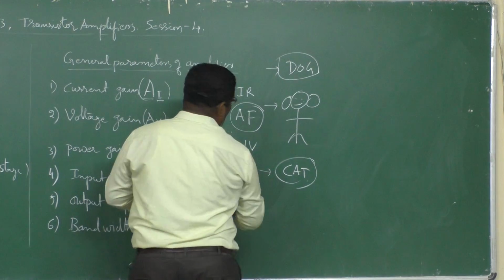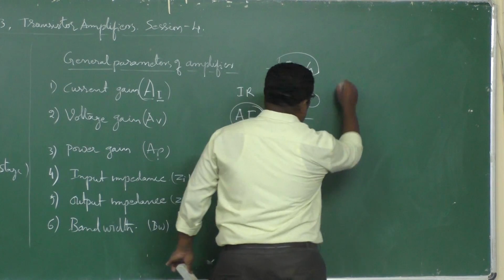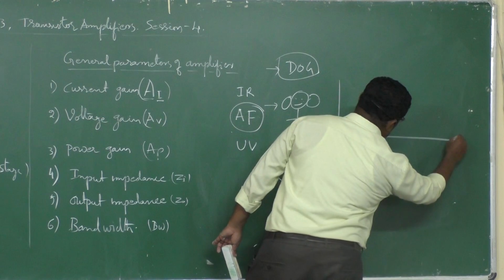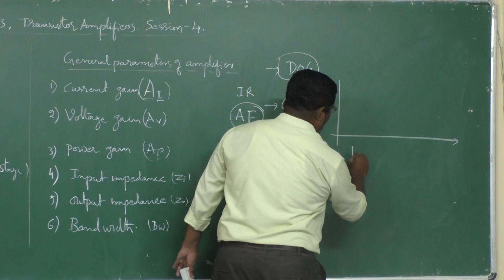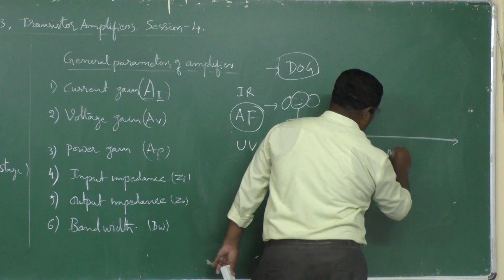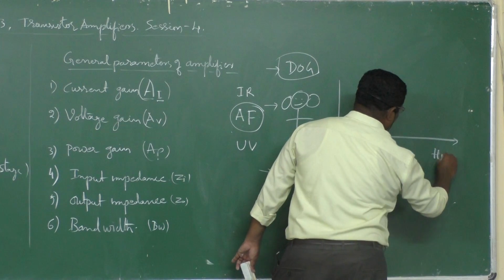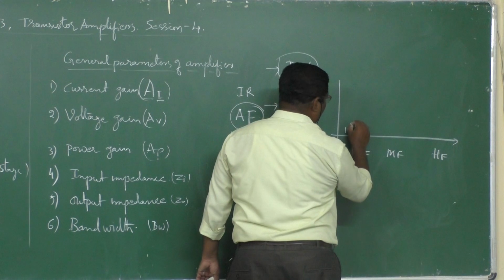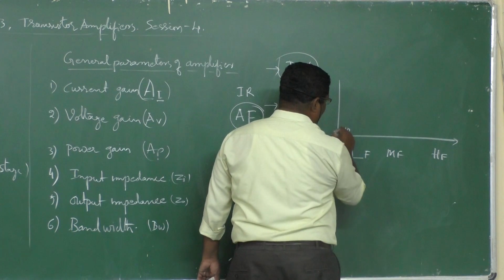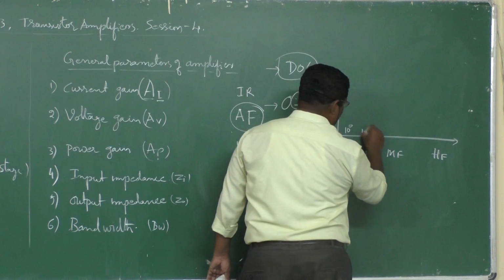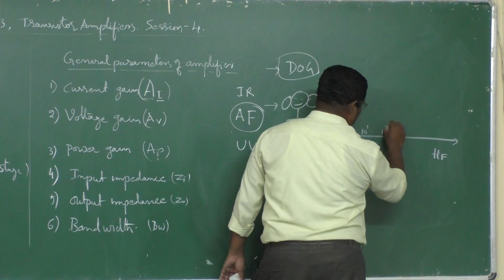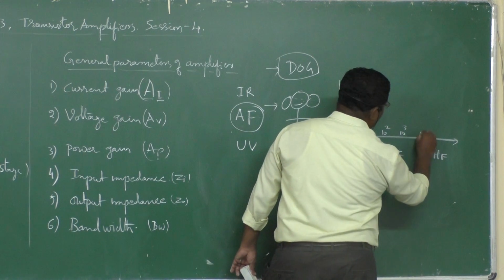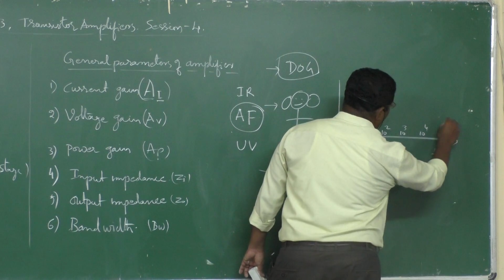It means that there is a frequency. Okay, we can categorize it like this. If I have this as low frequency, this as mid frequency, and this as high frequency. For example, this is 10 raised to 0, this is 10 raised to 1, 10 raised to 2, 10 raised to 3, 10 raised to 4, 10 raised to 5, and so on.